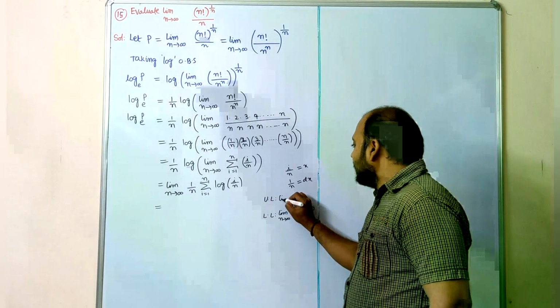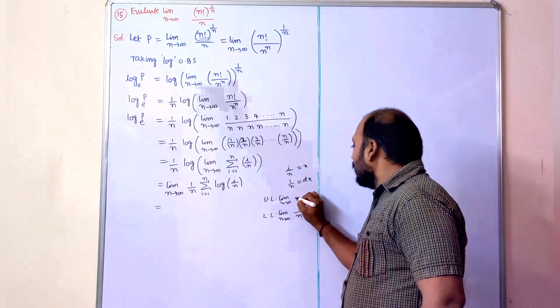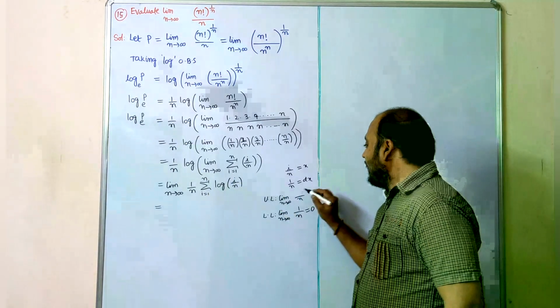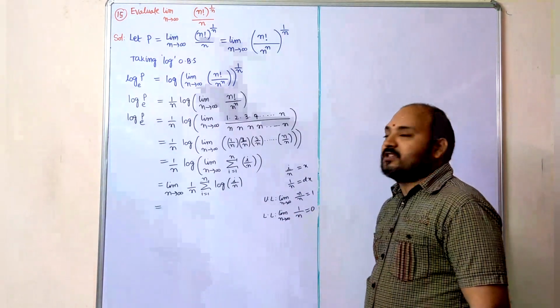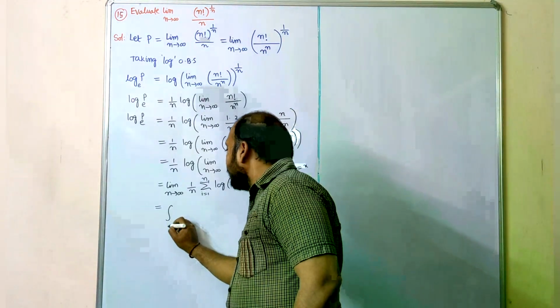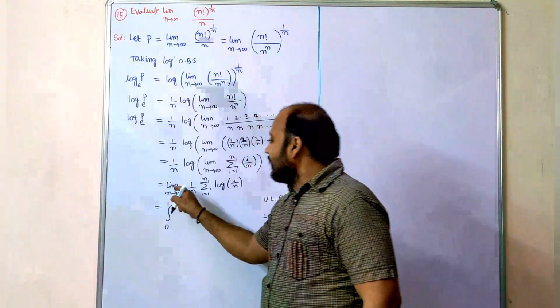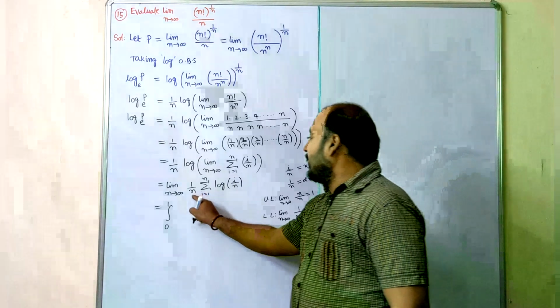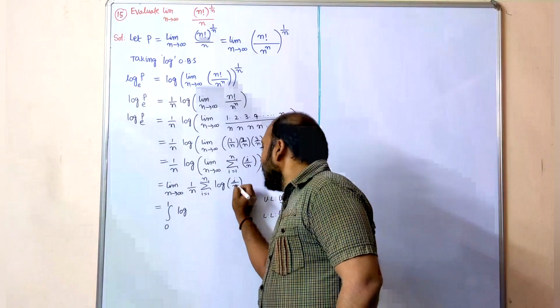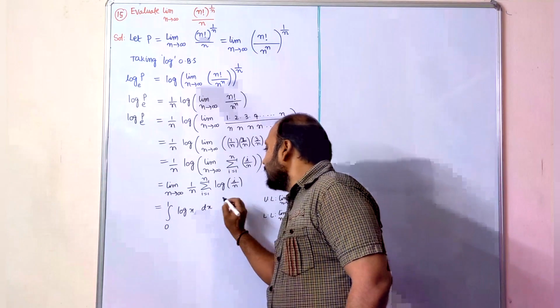Upper limit: limit n tends to infinity, total partitions is n and final value of i is n. n by n is constant, and limit n tends to infinity, constant is constant. So integral 0 to 1, in place of limit n tends to infinity sigma 1 by n the value is dx, and log of i by n, the value is x into dx.